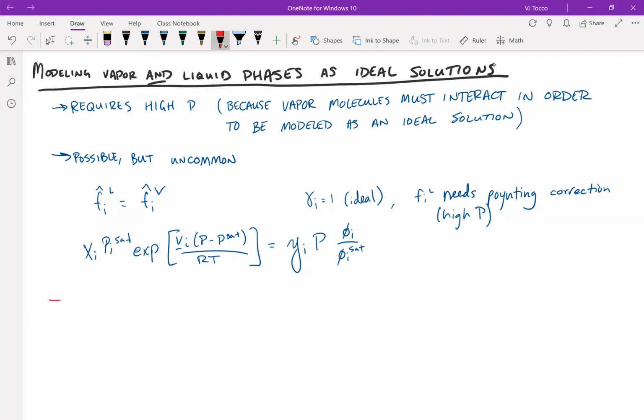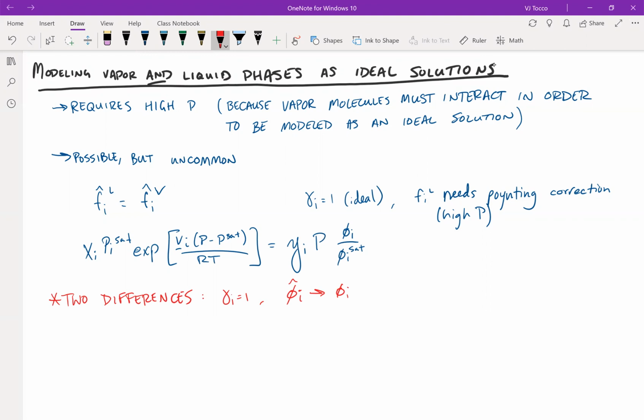So the two key differences from above are that gamma i is equal to 1, so it drops out of the equation, and phi i hat turns into phi i for the ideal solution.